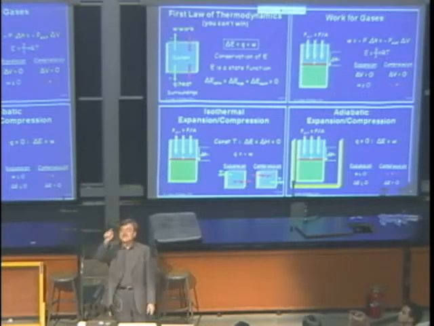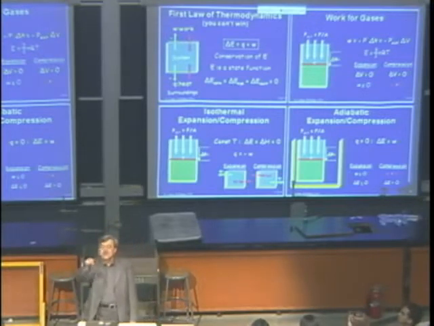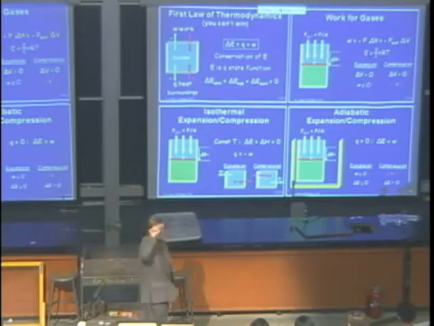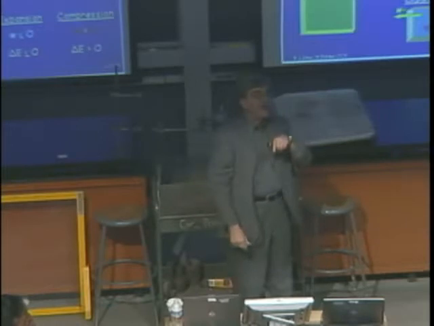Now, if I want to do the same thing isothermal, that means I'm not changing the temperature of the system. So if I expand, the gas does work. So does the temperature go down? Yes, but I don't want to allow it to go down. It should stay the same temperature. What has to happen? Heat has to flow into the system.